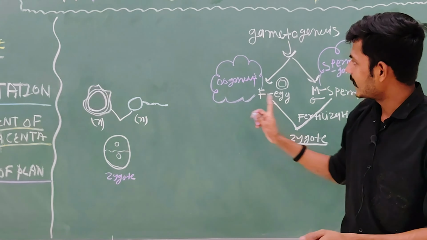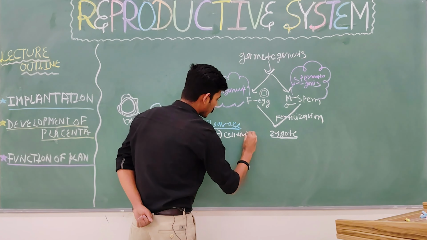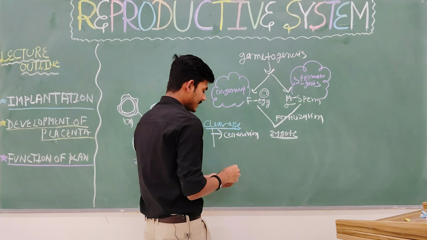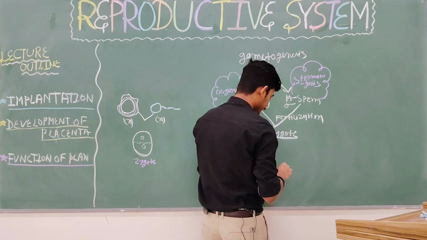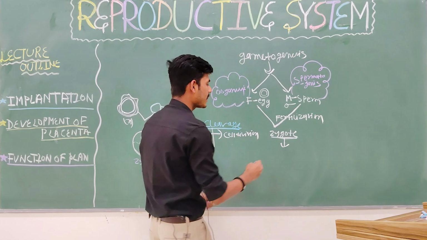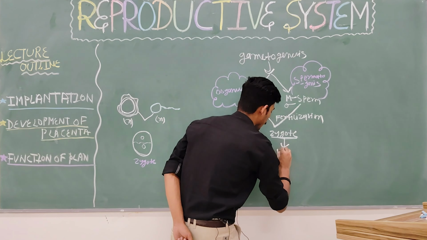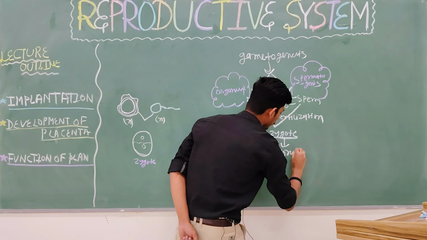The first foremost thing is cell division. Now this zygote will change into a ball-like structure that is termed a morula.